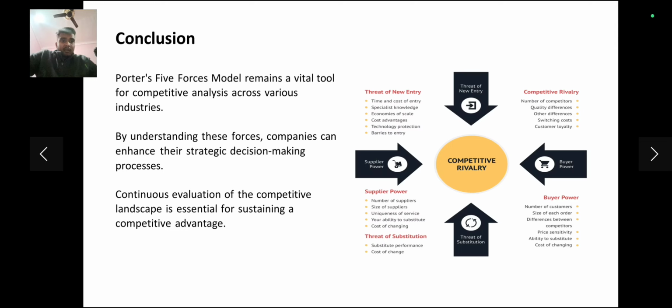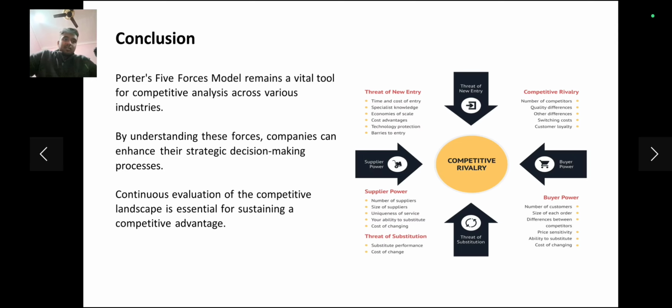Supplier power: number of suppliers, size of suppliers, uniqueness of services, ability to substitute, cost of changing. Threat of substitution: substitute performance, cost of change. Buyer power: number of customers, size of each order, difference between competitors, price sensitivity, ability to substitute, cost of changing.